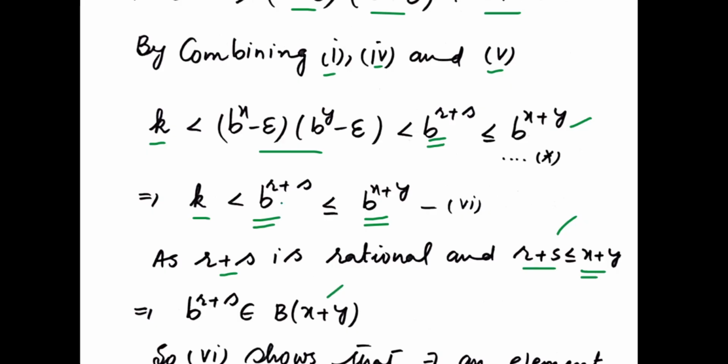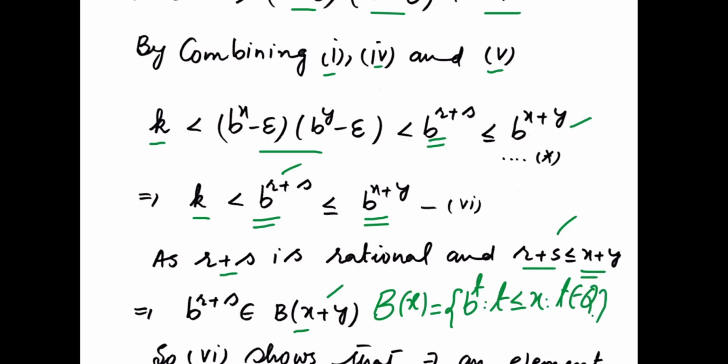It means this element b raised to power r plus s belongs to this set, because above we defined this set as consisting of all elements with a rational exponent such that this rational exponent is less than or equal to some real number x. So here you can observe that r plus s is also a rational number which is less than or equal to some real number x plus y. So this shows that this number b raised to power r plus s is an element of this set B of x plus y.